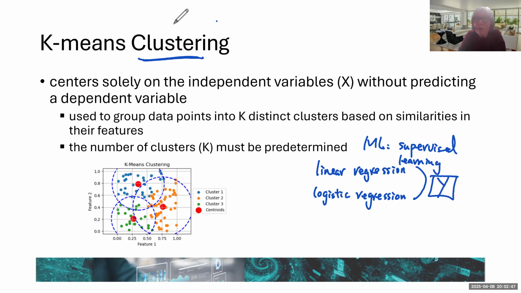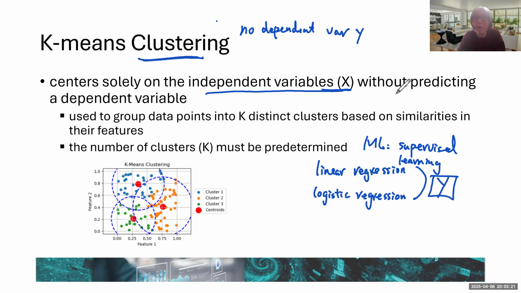And for clustering, it's different. Clustering normally has no dependent variable, or you don't count on a dependent variable. So all your model is regarding the independent variables, or only about the features.